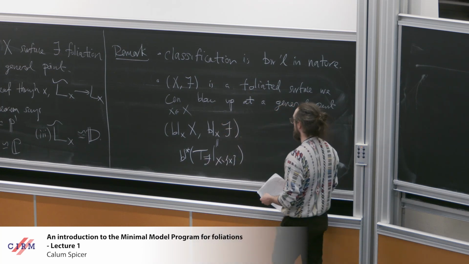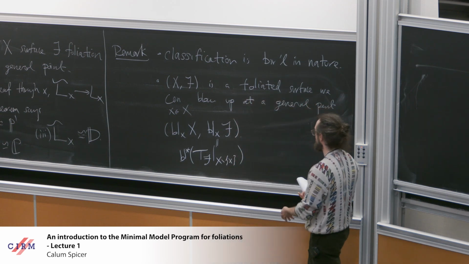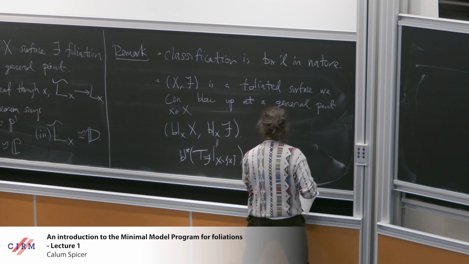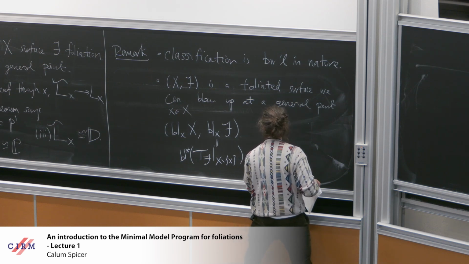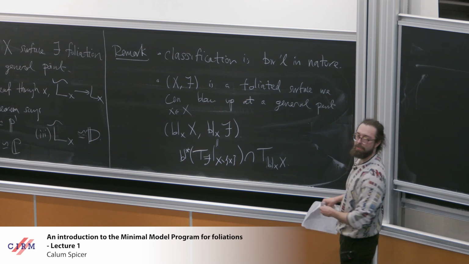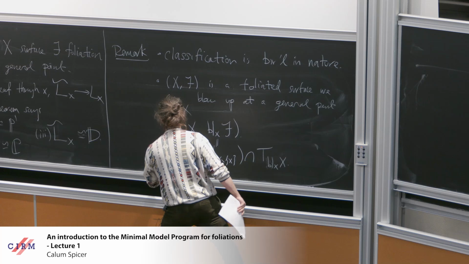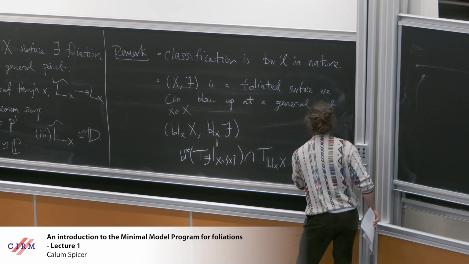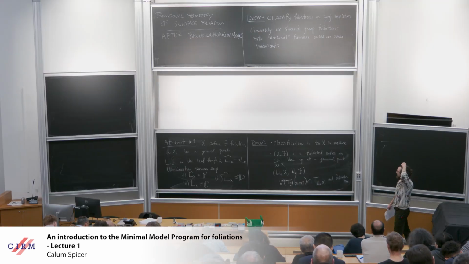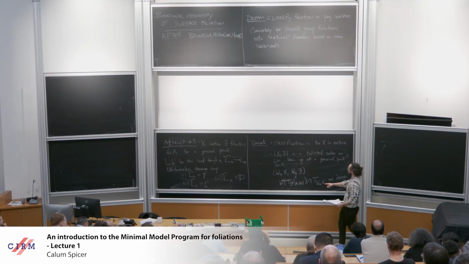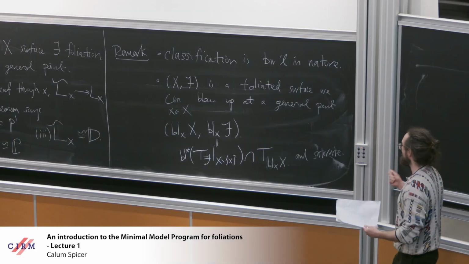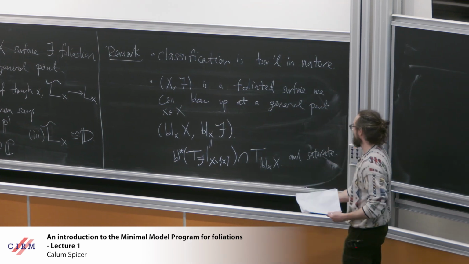You restrict your foliation to the open subset where your blow up is an isomorphism, and then you intersect it with the tangent sheaf of X. Yes, exactly, and you take saturation and everything. Okay, so I'll pause here because this is a very important point that you can blow up foliations. It's a basic fact, but it's integral to everything that's going to go on from here on out.